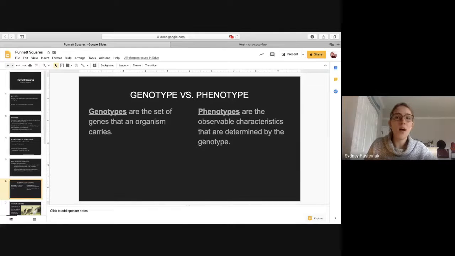So if a dominant allele represents a certain eye color, let's say big T represents brown eyes, and little t represents blue eyes. If you have alleles that are dominant, you're probably going to have an offspring that has a brown eye color. If you have recessive alleles, the offspring will have blue eyes in that case.